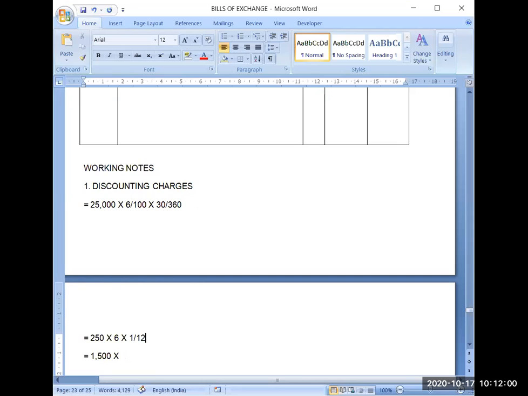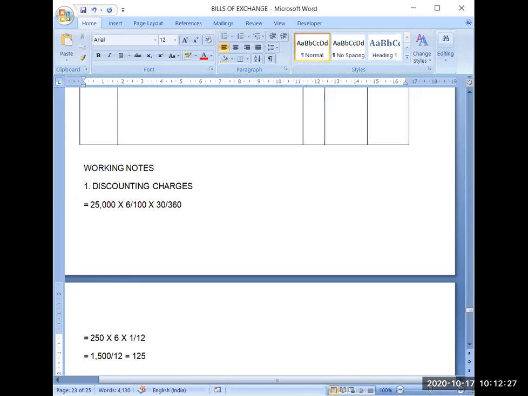We can simplify it that way also. Then it will become 1500 upon 12. And if I divide it, 12 ones 12, 12 twos 24 and 12 fives 60. So that way we will get it in round figures.